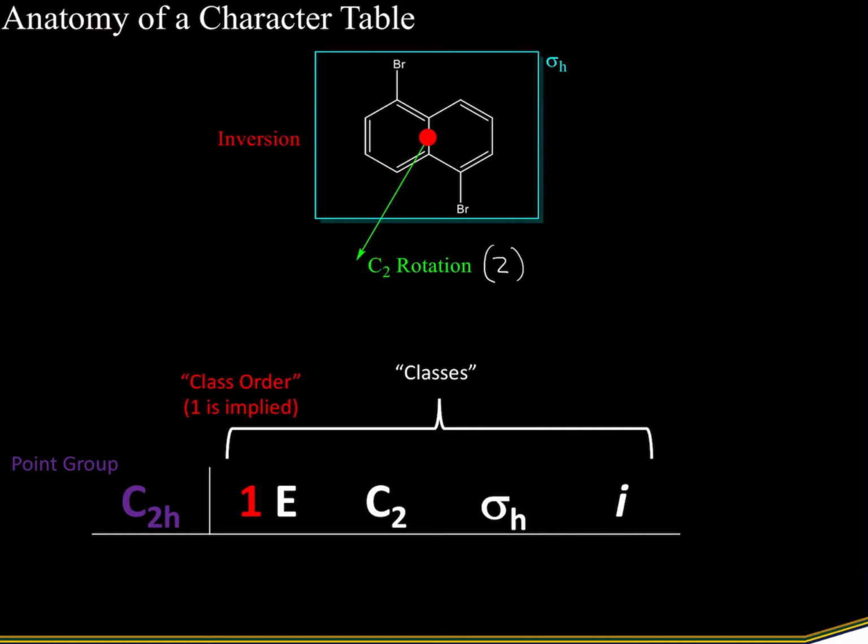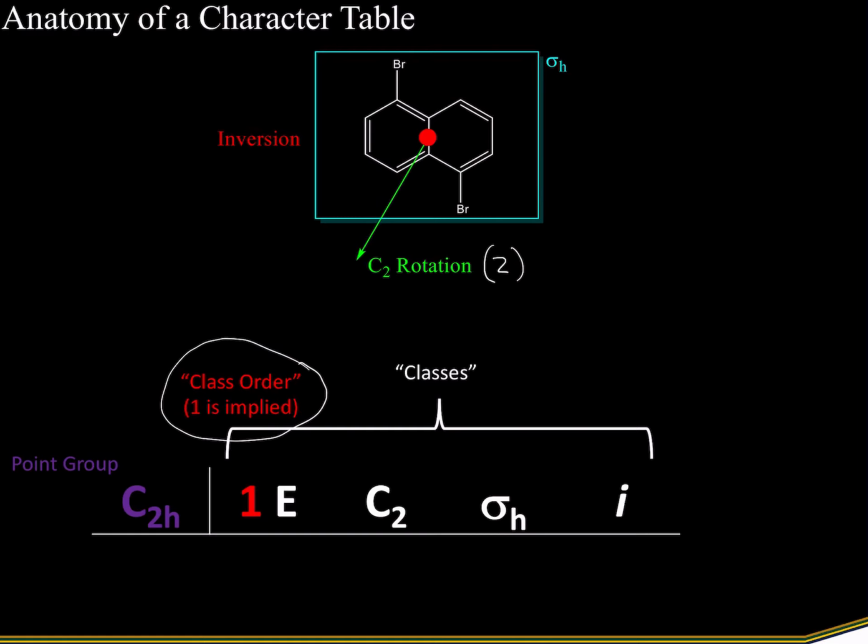You would see this if you look at a list of character tables. Another important feature is that we have the order of our classes, and that's this number in red. It's implied that this is a 1 for each case here. But as we look at more sophisticated examples, we'll see that it is not always a 1. We might have multiple different rotations. We're starting with a relatively small point group just to make our life a little bit easier.